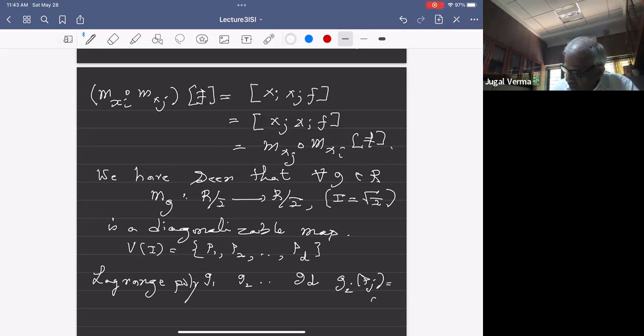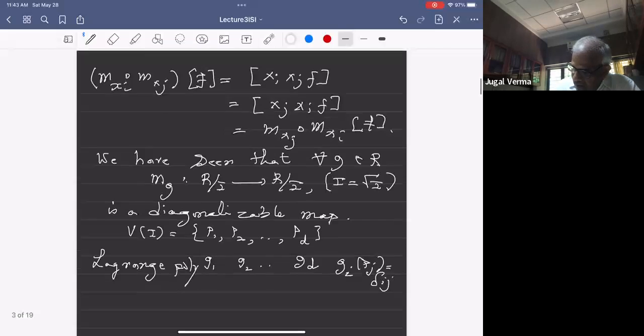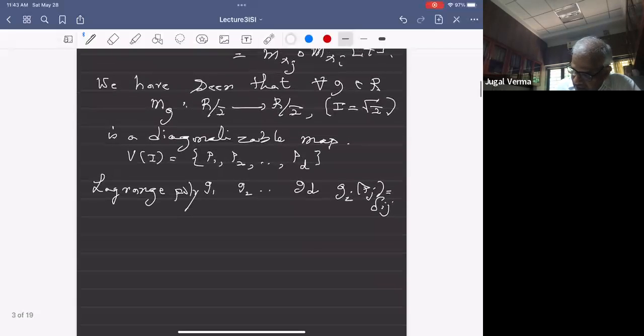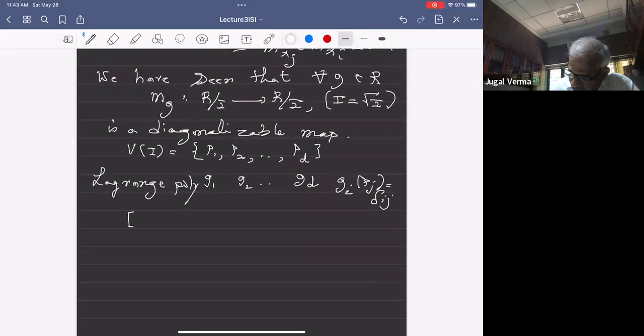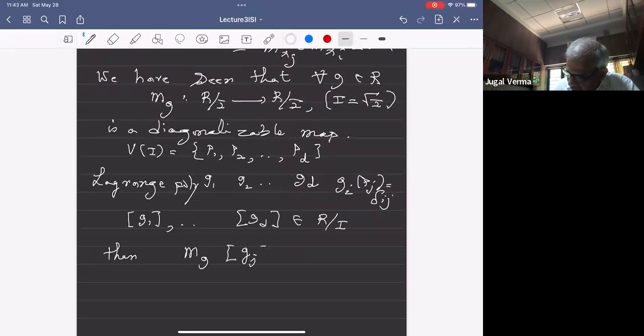Okay, these polynomials exist, and then I proved yesterday that if you take the residue classes of the Lagrange polynomials belonging to our vector space, then mg operating on any of these vectors... Do you recall what is the eigenvalue?